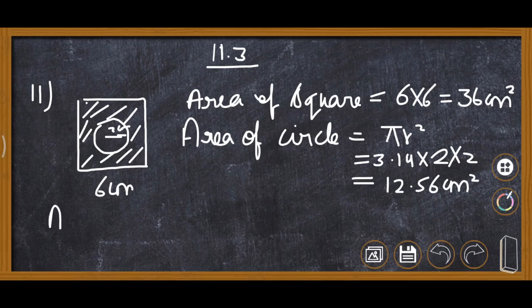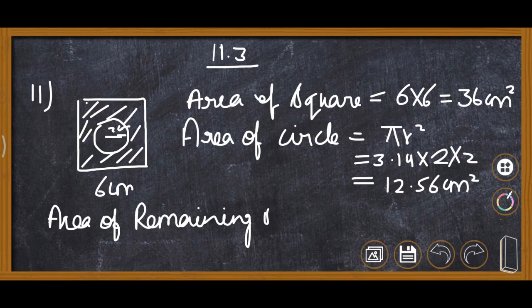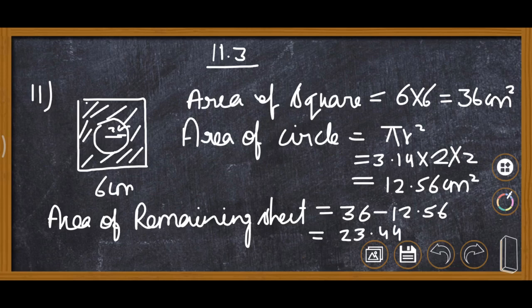Now area of remaining sheet, we will subtract 36 minus 12.56. Then it is 23.44 centimeter square.